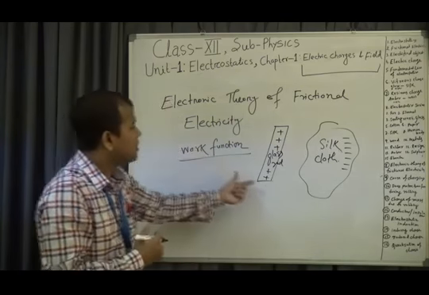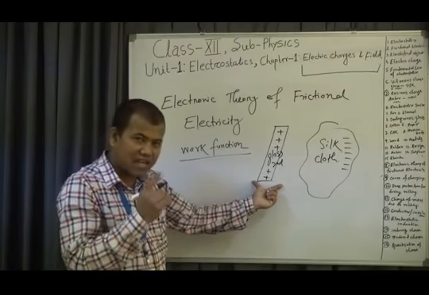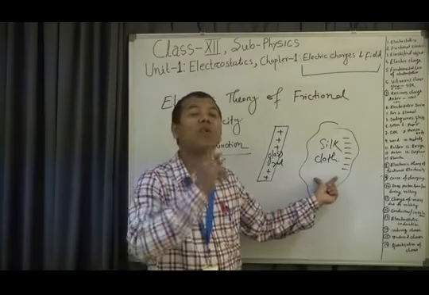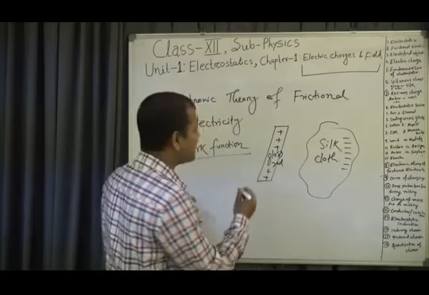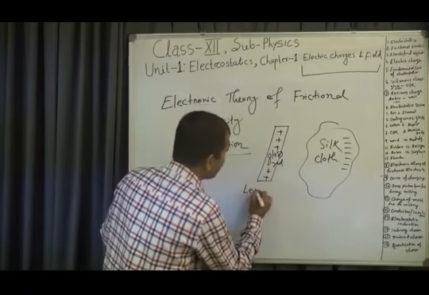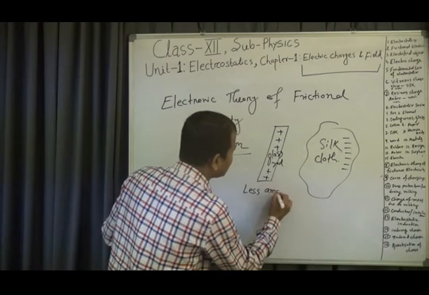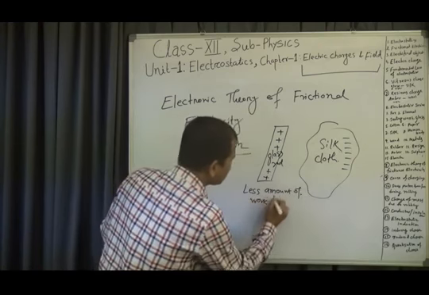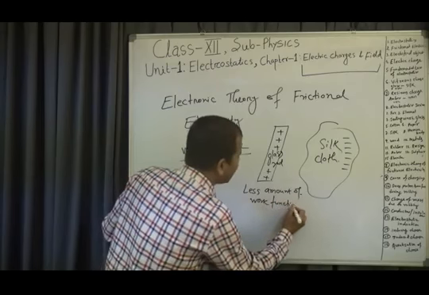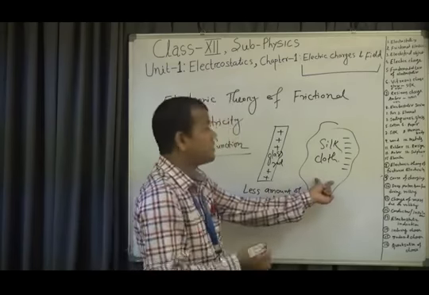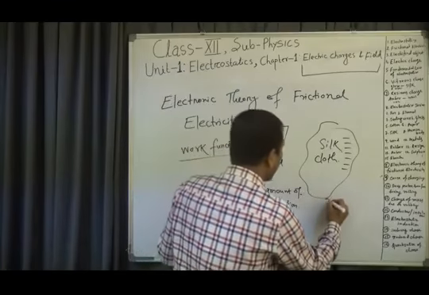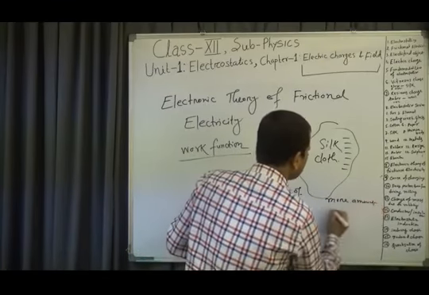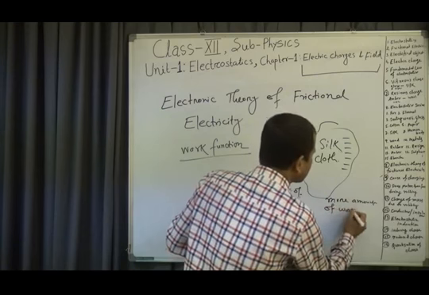In this case, the glass rod has a lesser amount of work function and the silk cloth has a greater amount of work function.